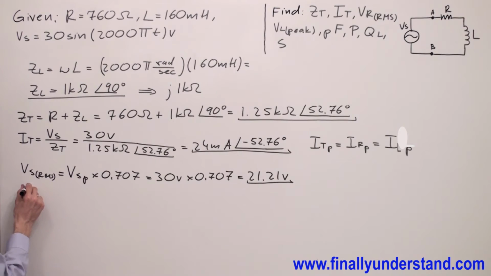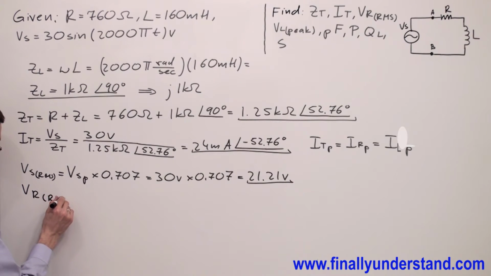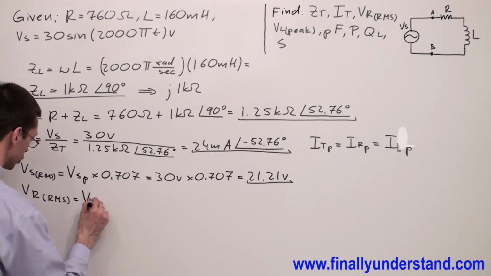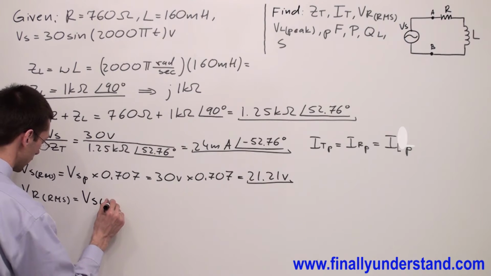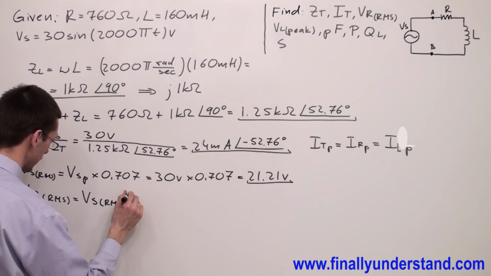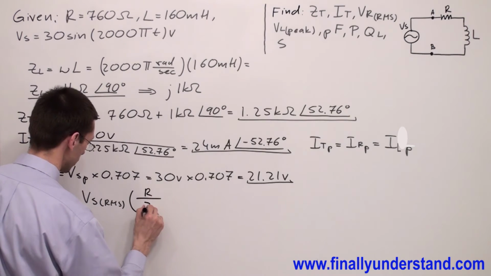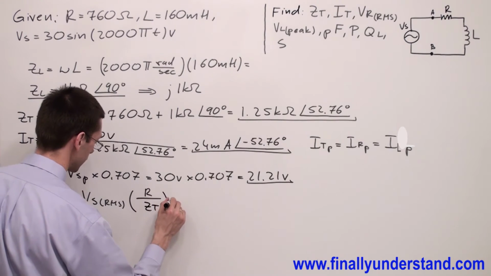So if you want to find VR RMS, you're supposed to simply write that this is voltage source RMS times R over Z total.